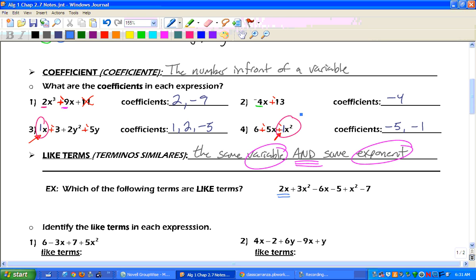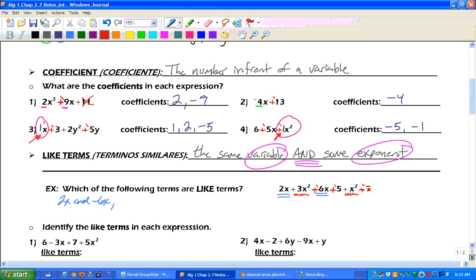I see a 2x. I'm going to go through and do my click, click so I can see everything. So my 2x is going to be the exact same thing, 2x and negative 6x. All right, let's find some more.